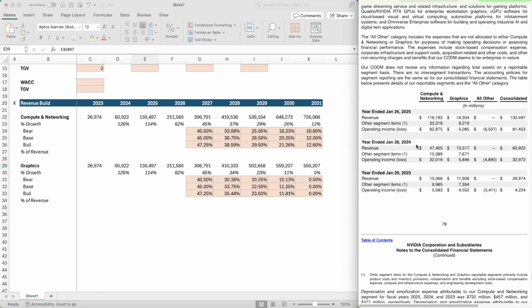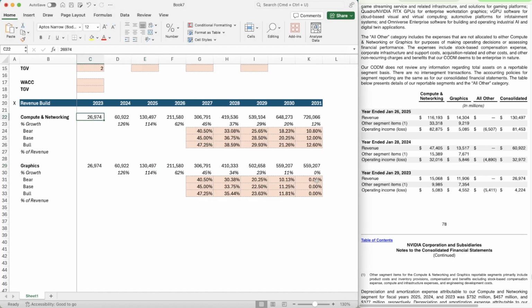Sorry, I've done the full year revenue for the computer networking. Let's just amend this. This is the figure we need. 15068, 47405, 116193. Updated for down here as well.